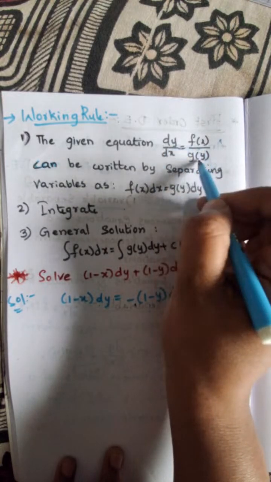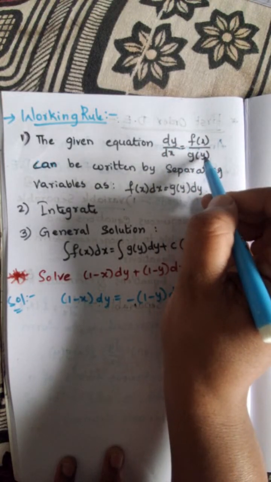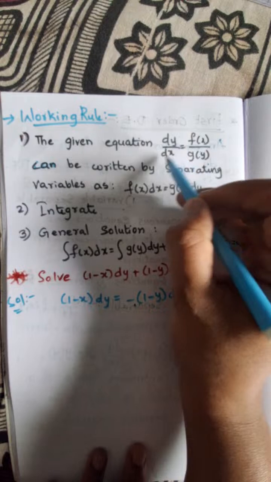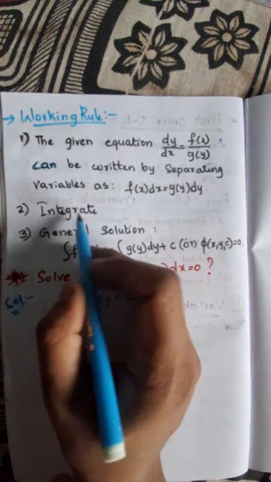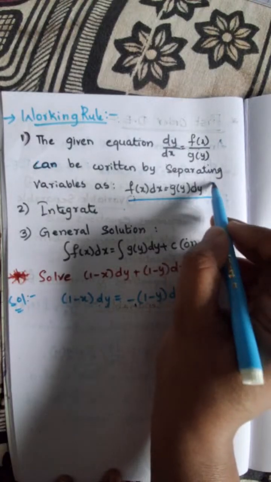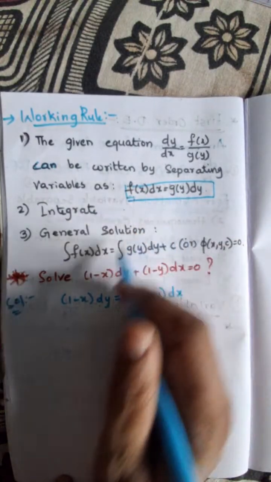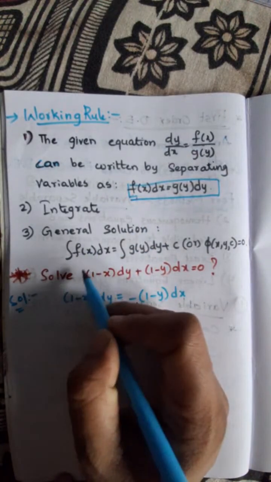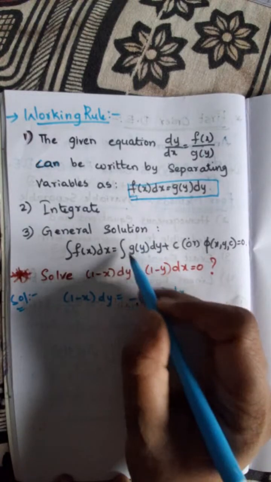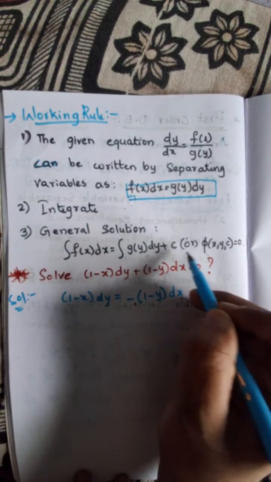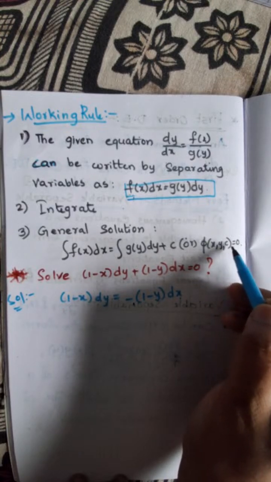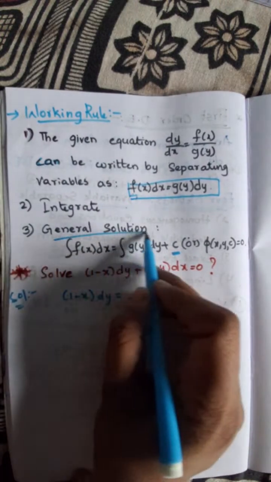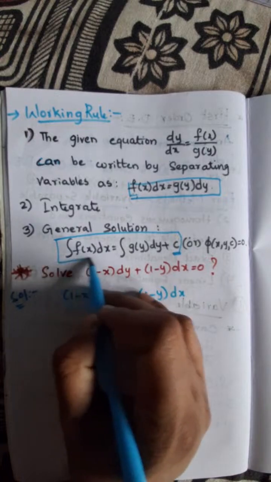We have to separate the variables of the same form: the y variable goes with dy, and f of x goes with dx. Integrating this equation, we get the general solution: integration of f of x dx equal to integration of g of y dy plus c, or phi of x comma y comma c equal to 0, where c is an arbitrary constant. This is the general solution of the variable separable form.